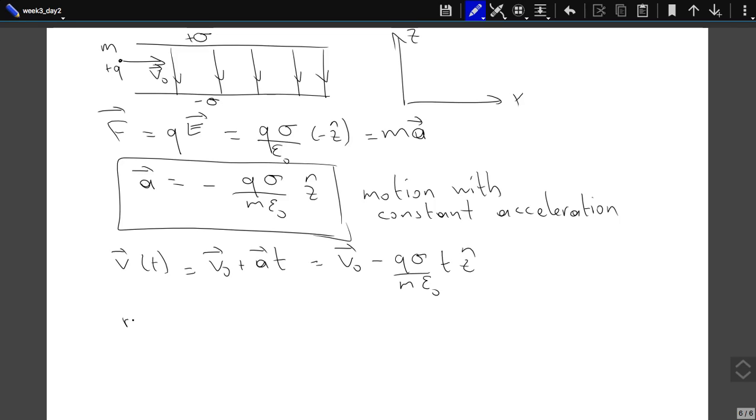And the position as a function of time will be r0, the initial position, plus v0 times t minus q sigma over 2m epsilon 0 t squared in the z direction. This is the position.